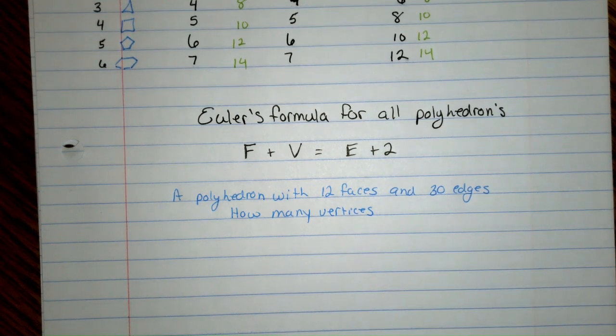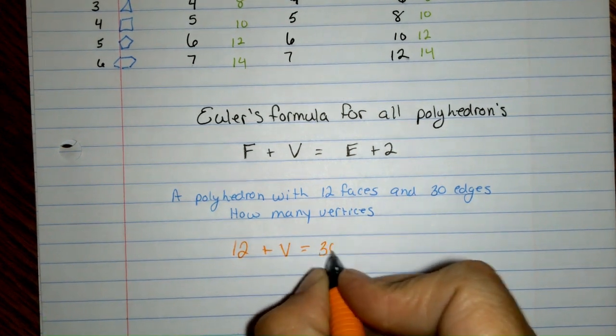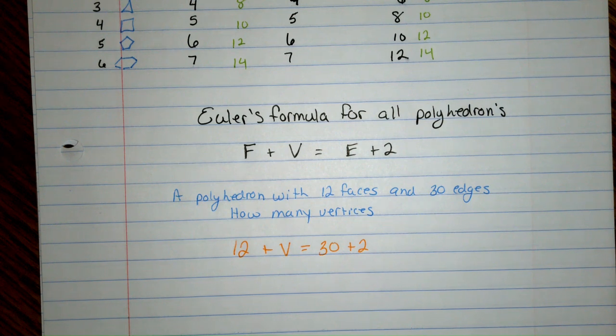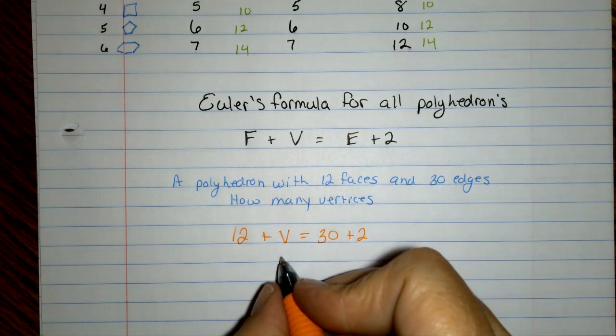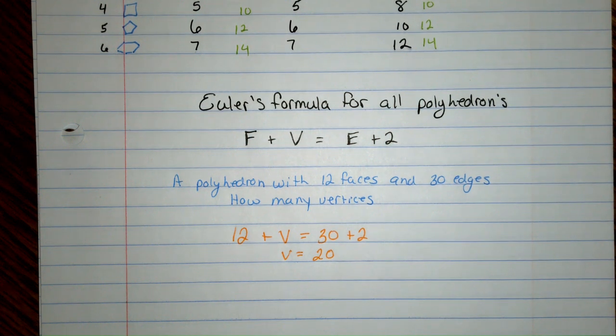Okay, that's easy. We're just going to substitute. Faces, 12. Vertices, unknown. Edges, 30. Subtract 12 over. We'd have 20 corners. That's all we cared about there. Do I want to draw the shape? Absolutely not.